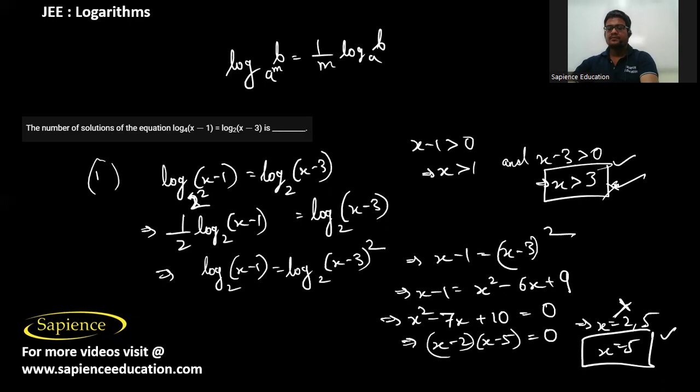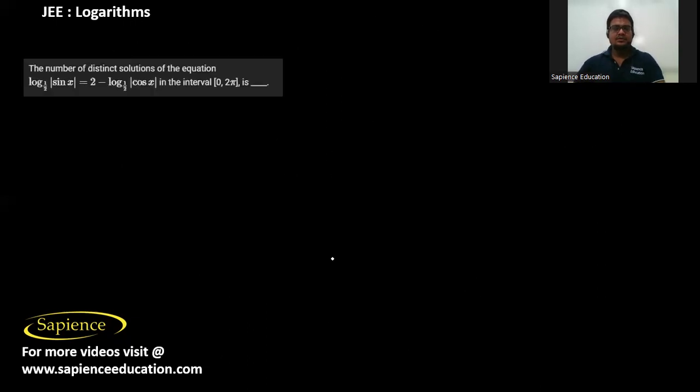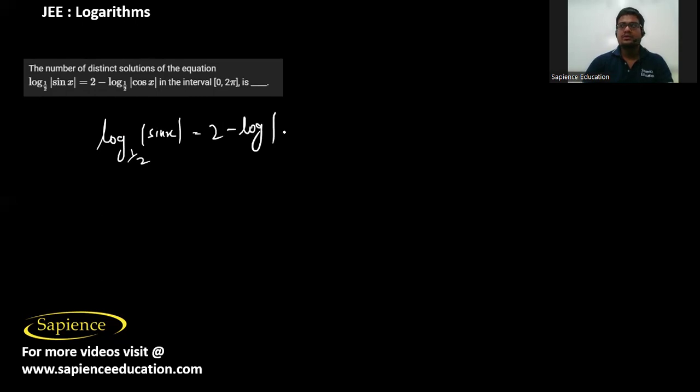Okay, then here it is told: the number of distinct solutions of the equation log of mod sin x base half is equal to 2 minus log of mod cos x base half in the interval 0 to 2 pi.